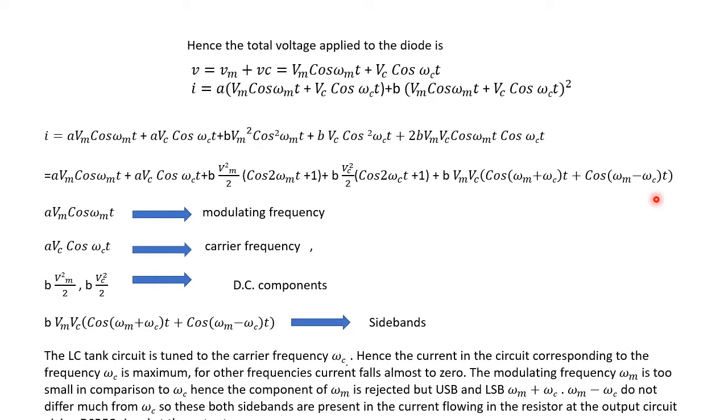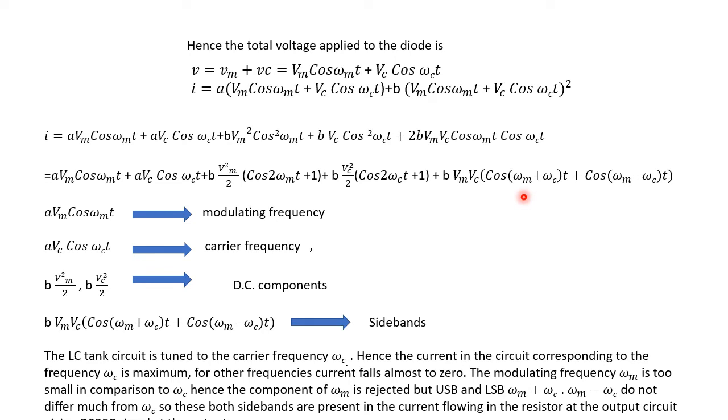Therefore, omega c minus omega m and omega c plus omega m are very close to the resonant frequency omega c. So we can conclude that along with the carrier frequency omega c, the lower sideband omega c minus omega m and upper sideband omega c plus omega m are also present in the output voltage.